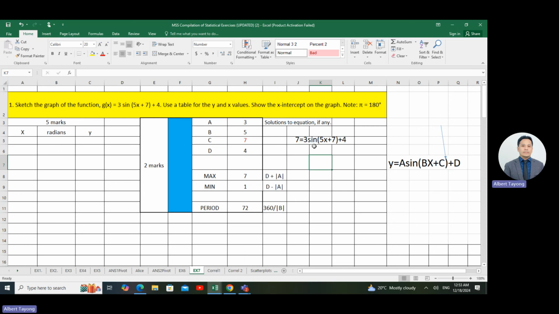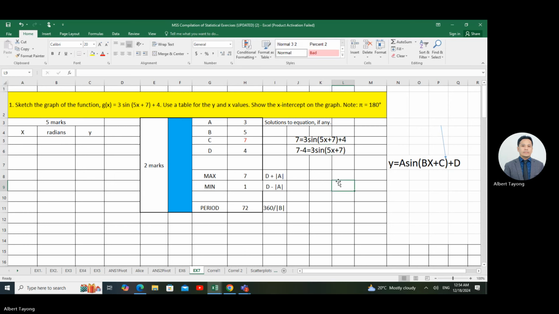So 7 equals 3 times sine, the whole quantity inside plus 4. So basically, it's like solving an equation using a paper. So we have to transfer plus 4 to the other side. It becomes 7 minus 4 equals 3 sine 5x plus 7.